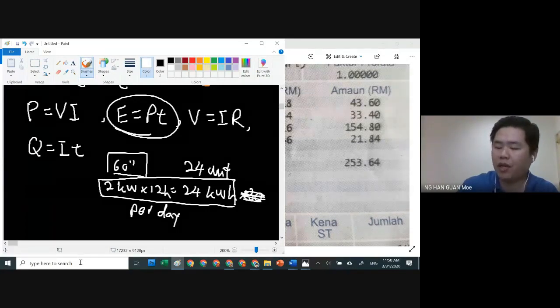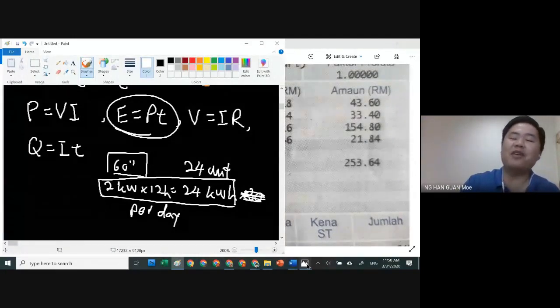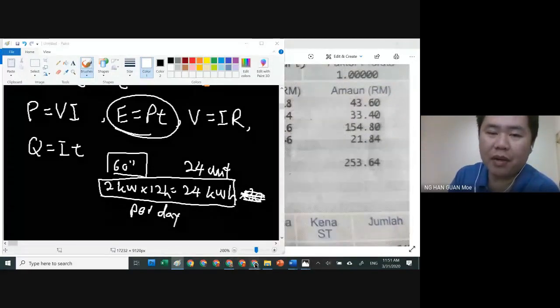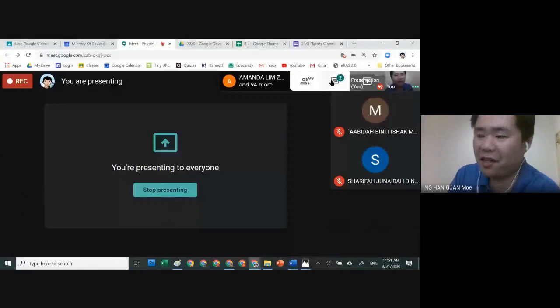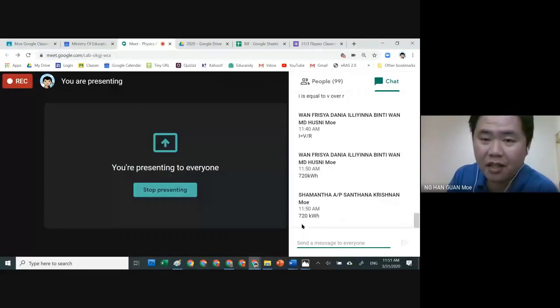Multiply 30. So if you use 800 units, you die already. Definitely our TV is not high power lah. Is this sound okay? 24 units multiply 30 leh. Oh, 720. What's wrong with my calculator? Okay, thank you. 720 units.